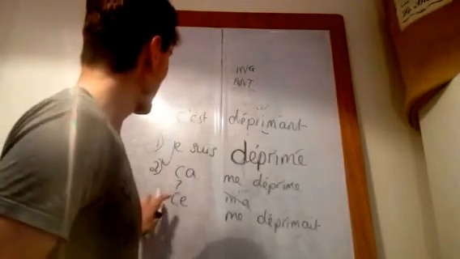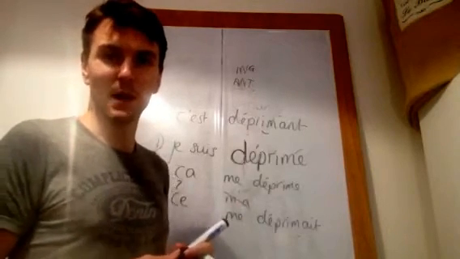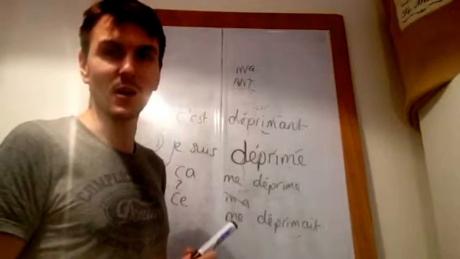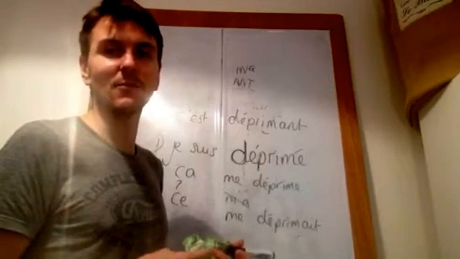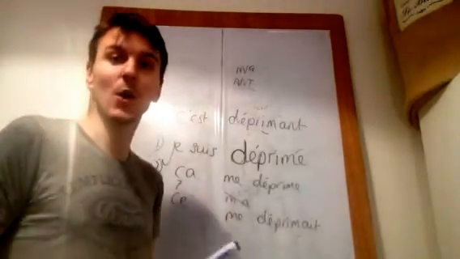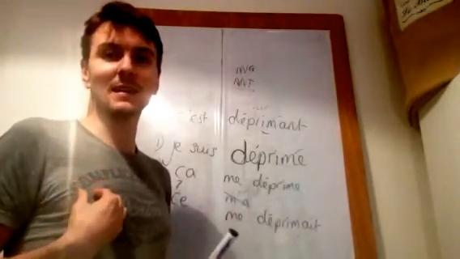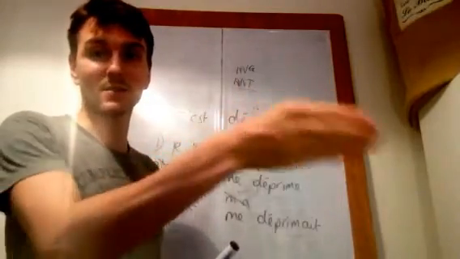Our final version, and this is the version which doesn't really match with English, is the version that I'd really like you to take home with you. It's the idea that you have got the verb déprimer and you can use it on its own. So in English, it's very much active. It's sort of saying, I depress something else.